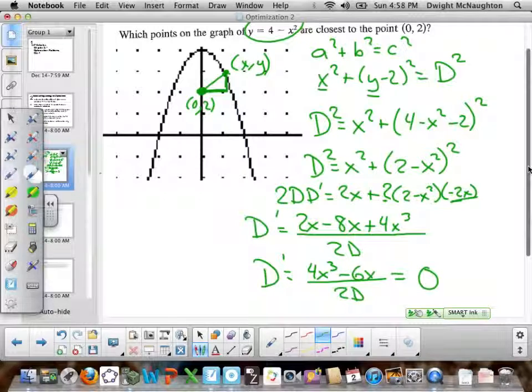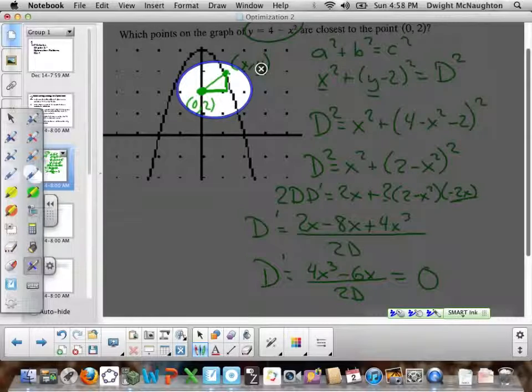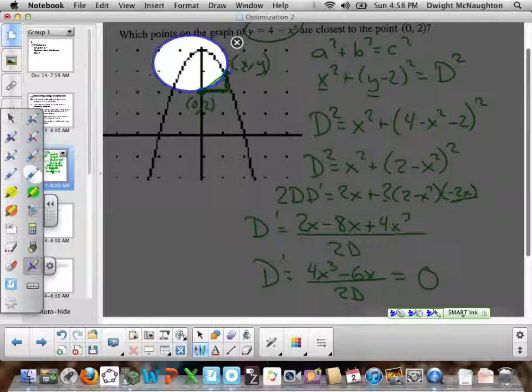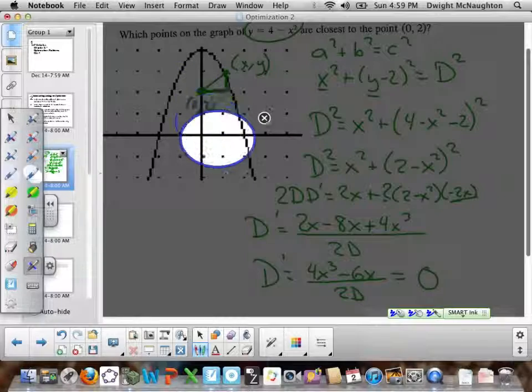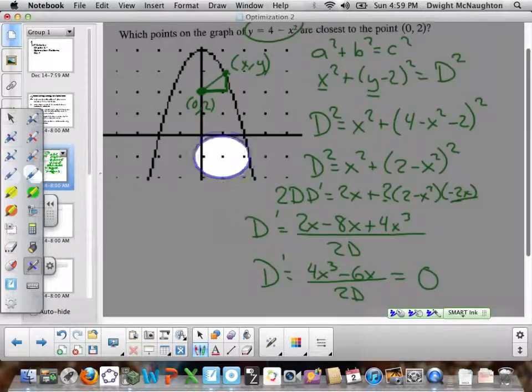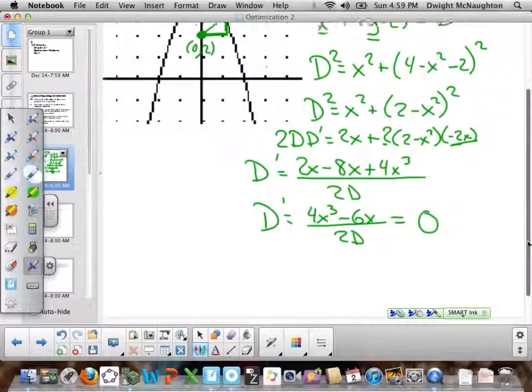If we look back up at our picture up here, the distance between 0, 2 and that parabola will never be 0. You look around there, there's nowhere that that parabola touches the point 0, 2. So we do not need to worry about the bottom being 0. For domain, we should expect positive numbers because distance is always positive. And we'll go from there. So we'll take our top and set it equal to 0.